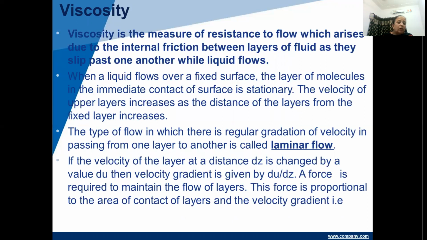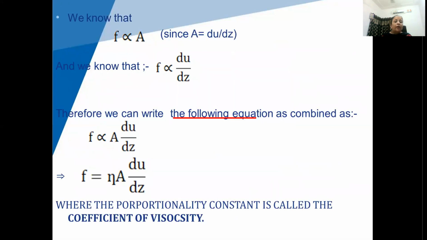Now a force is required to maintain the flow of layers. This force is proportional to the area of contact of layers and the velocity gradient, that is du upon dz. So F is directly proportional to the area of contact of the layers. It is directly proportional to the velocity gradient du upon dz. On combining the two, we get F proportional to A into du upon dz.